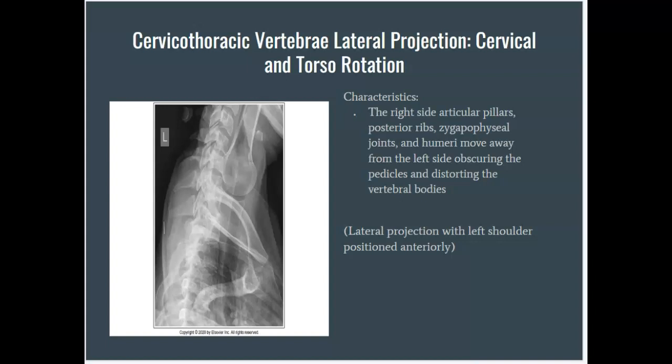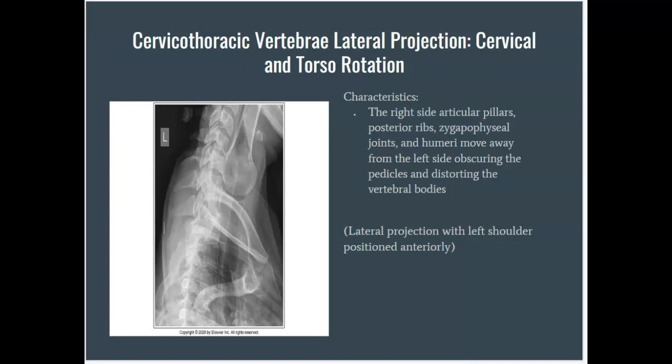When rotation is demonstrated on a lateral projection, basically you want to determine which side is rotated anterior and which side is rotated posterior by evaluating the location of the humerus that is positioned closer to the IR.